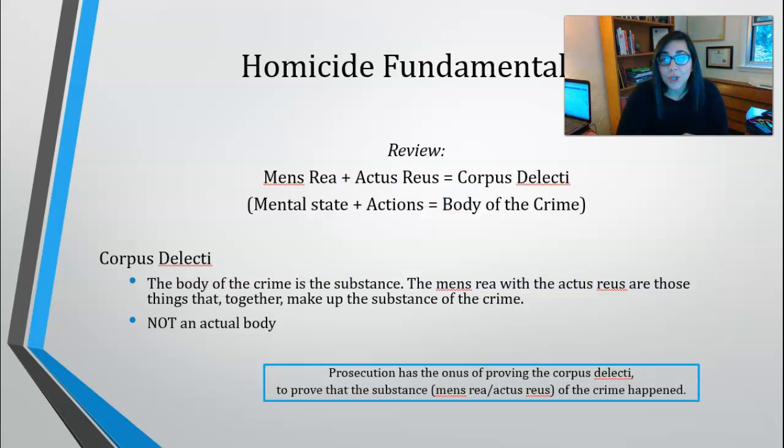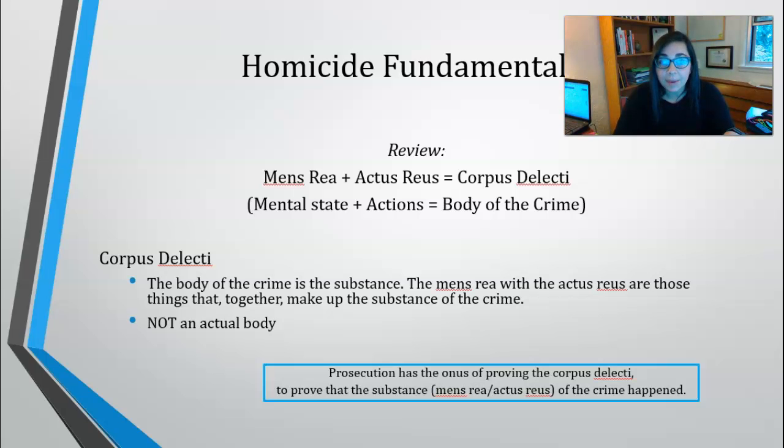Just a quick reminder, as we're looking at these homicide statutes and the mental states and actions that go with them, the review is that the formula for a statute is the mental state plus the actions equals the body of the crime. And here's where we get that big confusion. The terminology is mens rea plus actus reus equals corpus delicti, and technically corpus delicti translates to body of the crime, but it has nothing to do with an actual body.